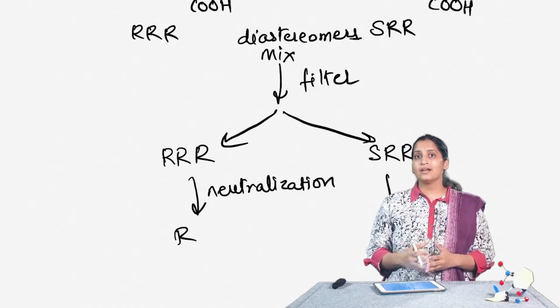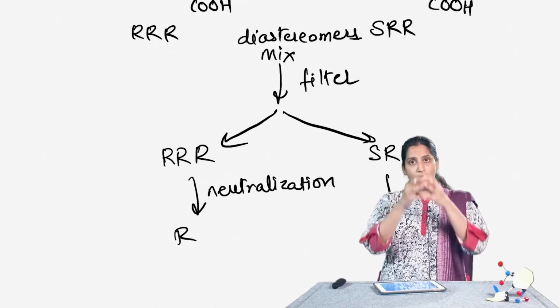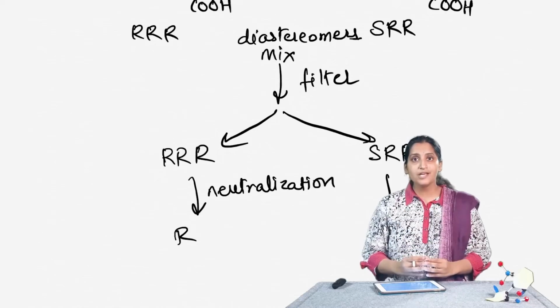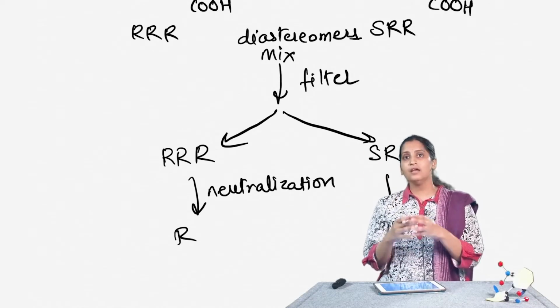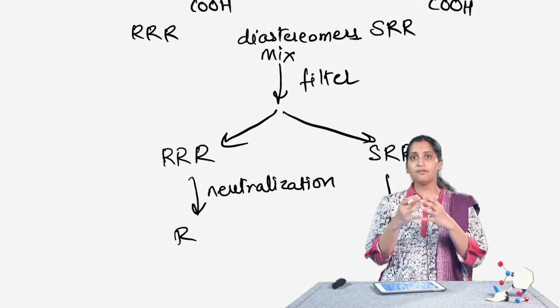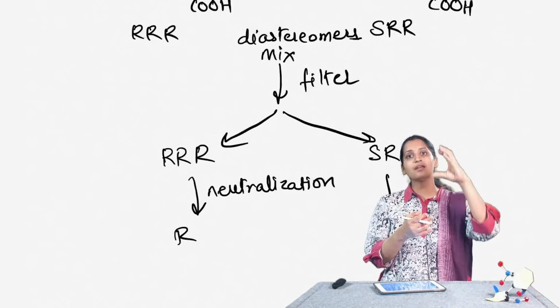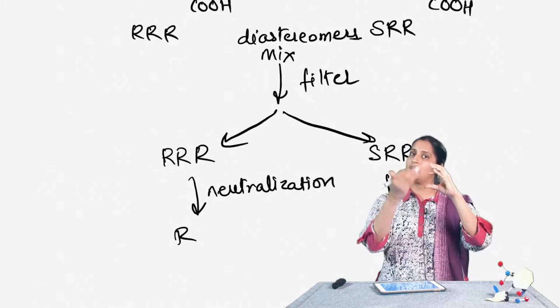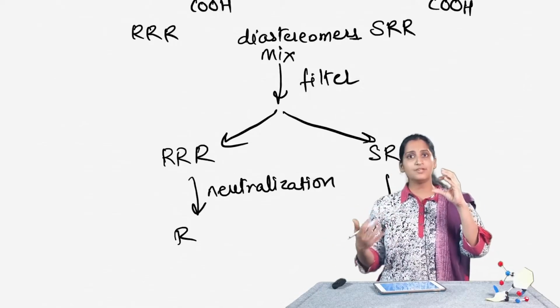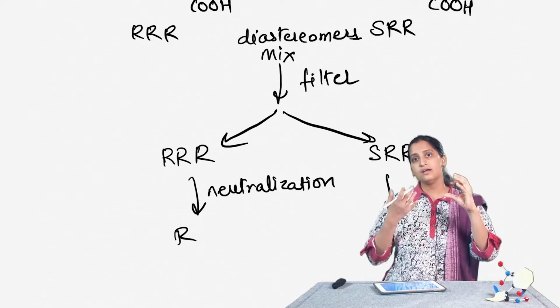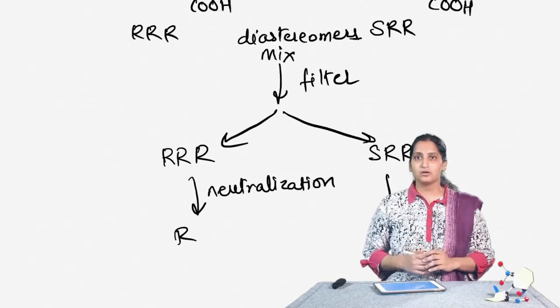Whereas, in the case of a chiral column, the column or the solid phase on which you are going to put the compounds is itself chiral. So, one of the compounds will selectively interact with the column, whereas the other one passes through the column without interacting with the chiral media, and you are able to separate the two compounds.